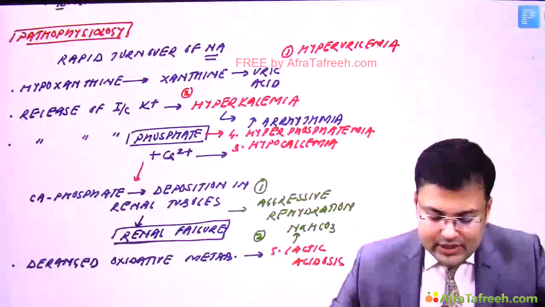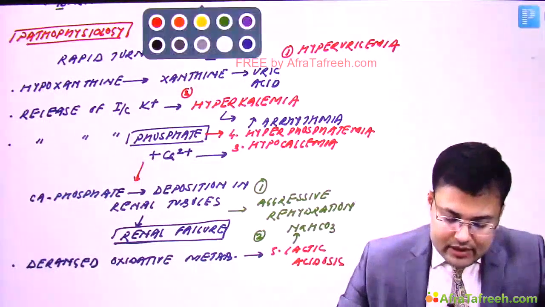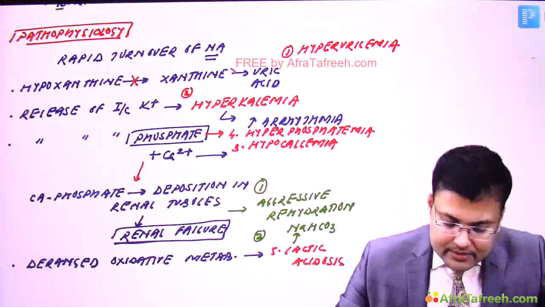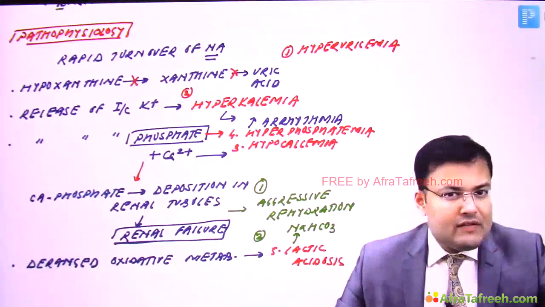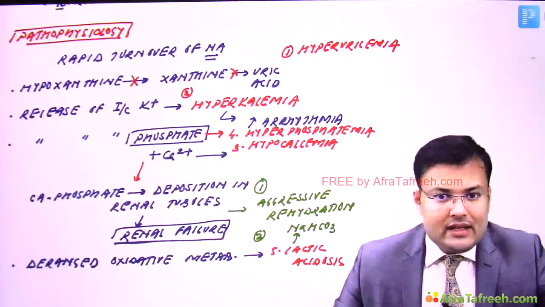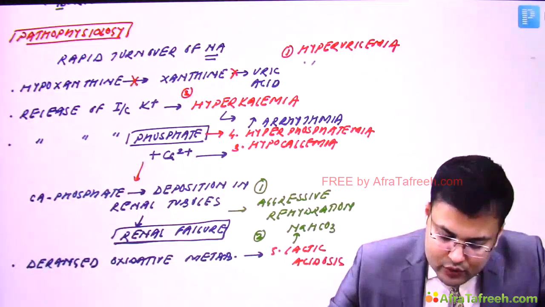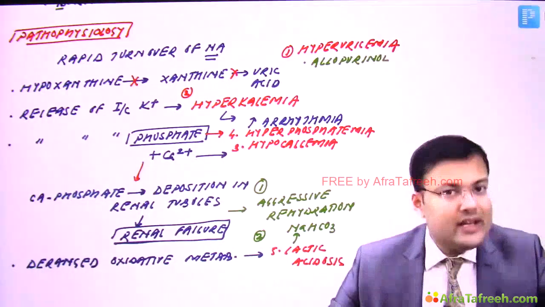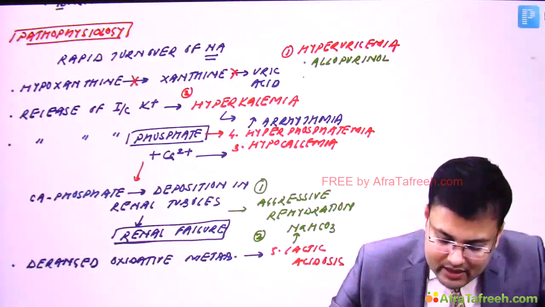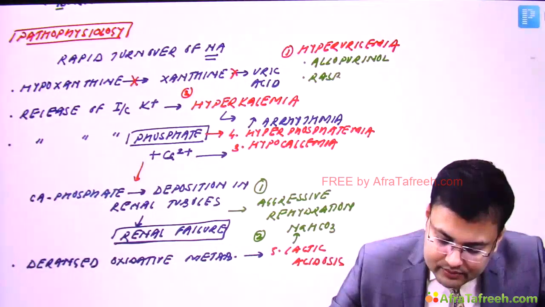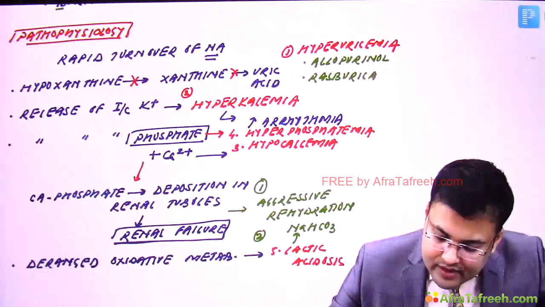Now for hyperuricemia, we discussed that there is one drug which blocks both of these steps. It blocks the conversion of hypoxanthine to xanthine and xanthine to uric acid. And what's that agent? It's allopurinol. So we can give allopurinol. And what is the second agent which can be given? It is rasburicase. Clear?